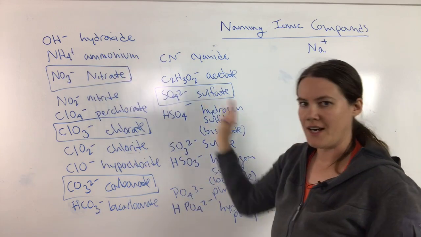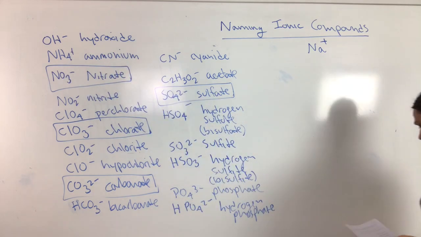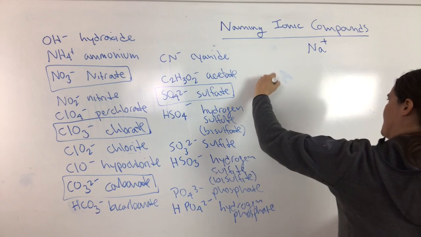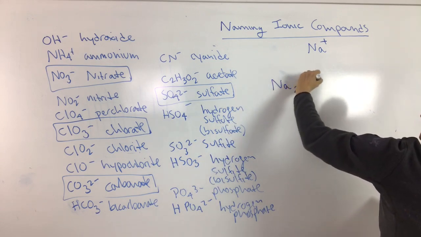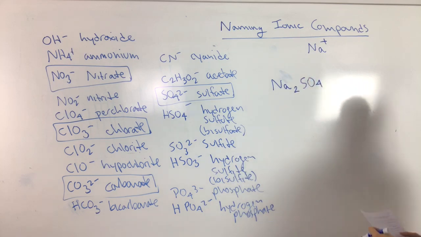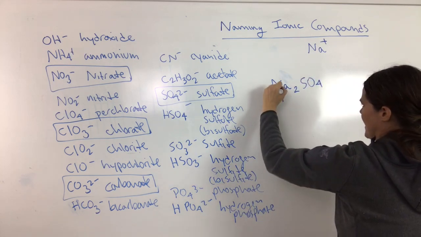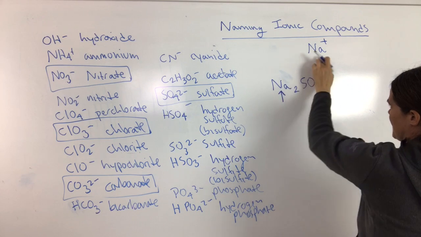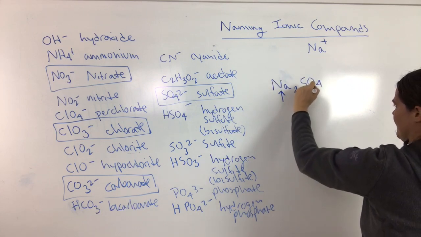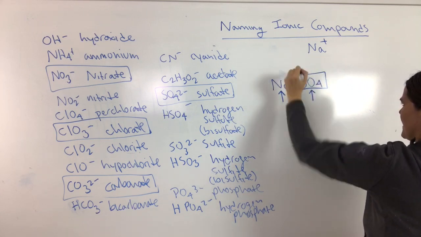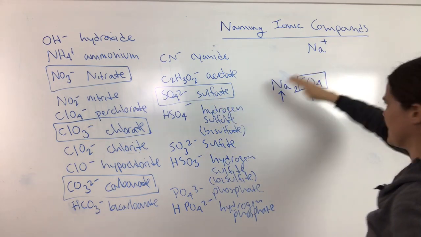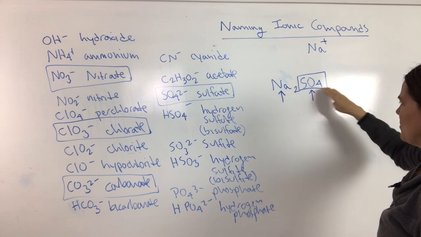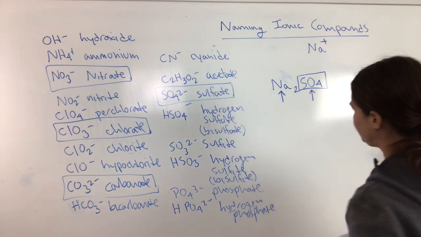These polyatomic ions can also form ionic compounds. So for instance, we could have Na2SO4. What this is, we have the sodium, which is a monoatomic ion, and then we have SO4, which is sulfate, and this is a polyatomic ion because it has more than one atom.